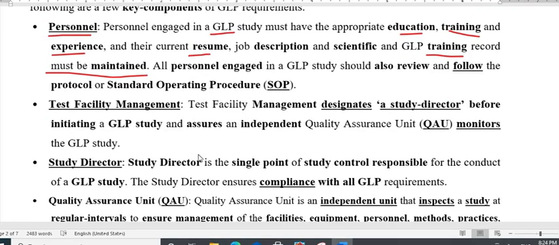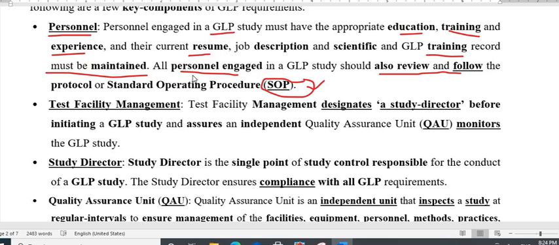laboratory. The person engaged in GLP should also review and follow the protocol that we call the SOP, the standard operating procedure.